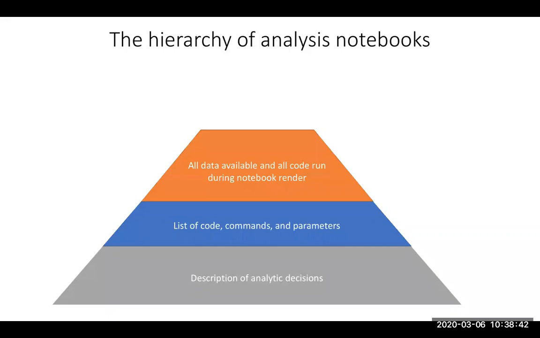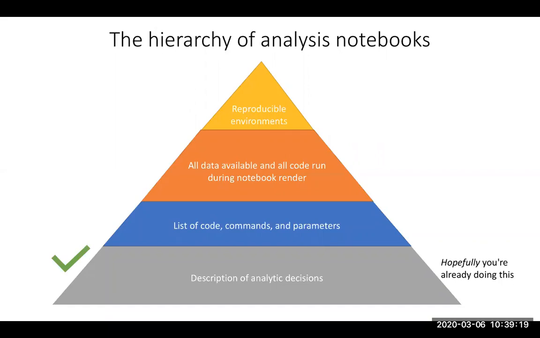Ideally, on top of that, it's a tool that lets you click go, and all of the code and commands run live to reproduce and output all of your results. And then at the top pinnacle is the idea of a reproducible environment. This is where you've captured not just the code and description, but actually the software programs and the particular version numbers required to reproduce your analysis.